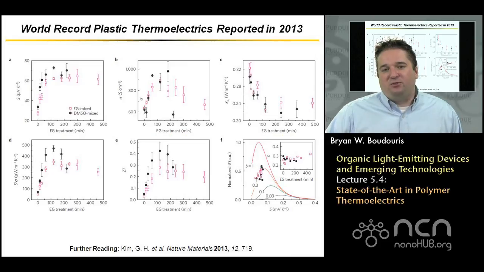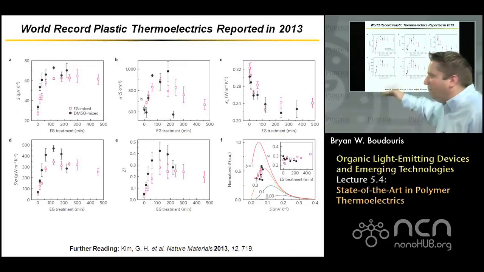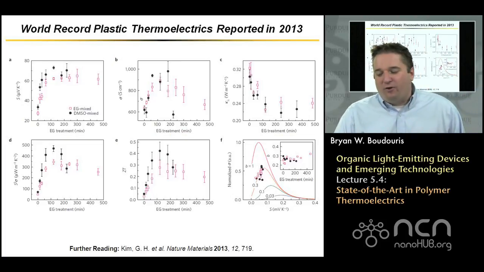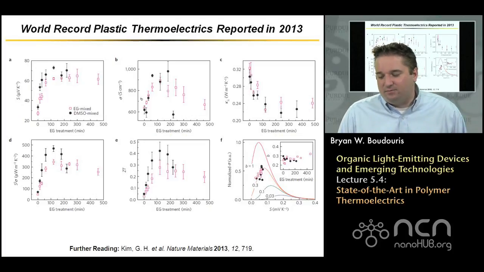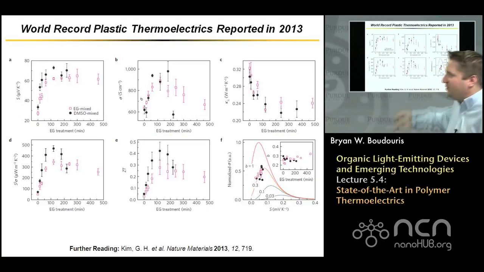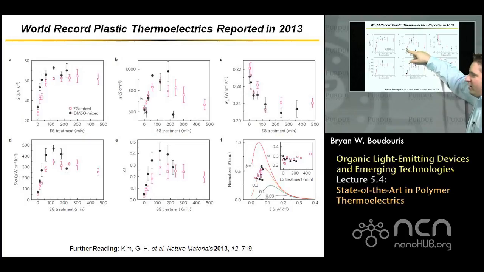So what people have been able to do is actually dip the thin film in ethylene glycol, or EG, and that's what EG treatment means, for various amounts of time to remove some of that PSS. And you can see when they do that the Seebeck coefficient of PEDOT PSS increases. The conductivity increases substantially.